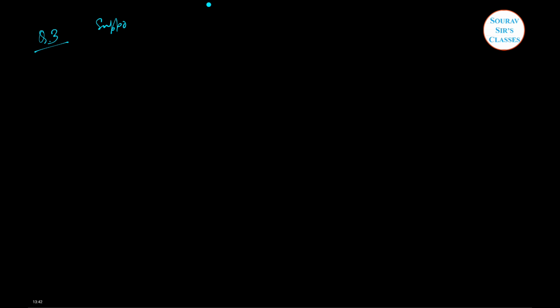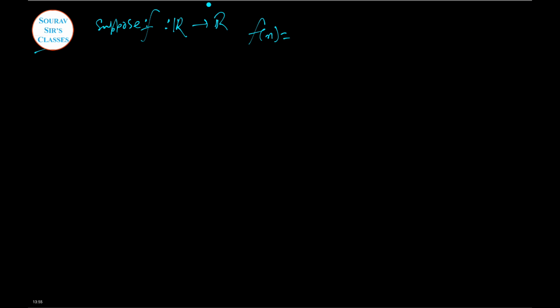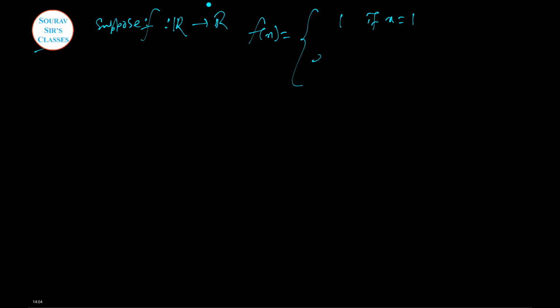Suppose the function is given by f(x) equal to, let's put a bigger function here, 1 if x equal to 1, and this thing is e to the power (x to the power 10 minus 1) plus (x minus 1) whole square sine of 1 by (x minus 1) when x not equal to 1. So this is applicable for both parts.